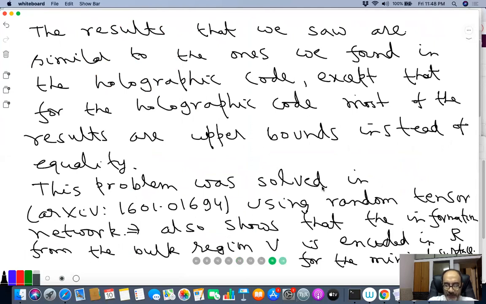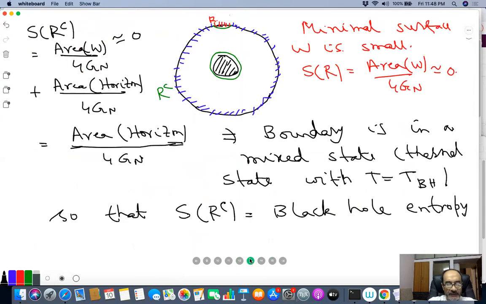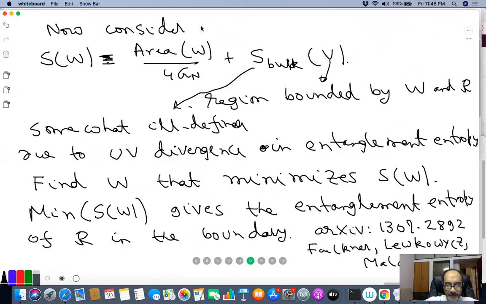Once you have determined the minimal surface, what they show first of all is that the entanglement entropy is indeed given by that general formula, the minimum of this.